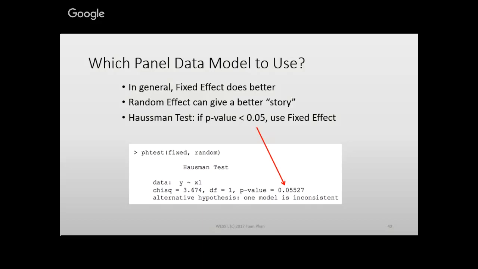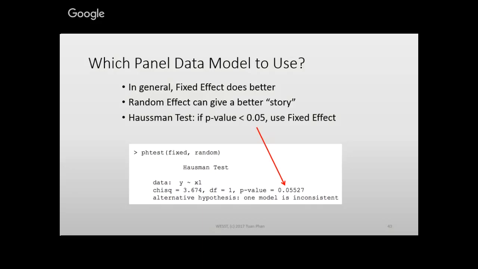We run the random effect models, and if the coefficients are stable, meaning the signs are the same and the significance remains the same, then we can interpret our time invariance. So a lot of it is about the stability of the statistics.